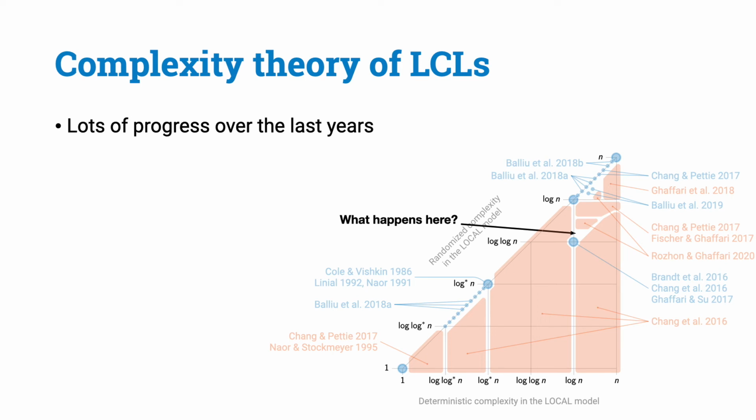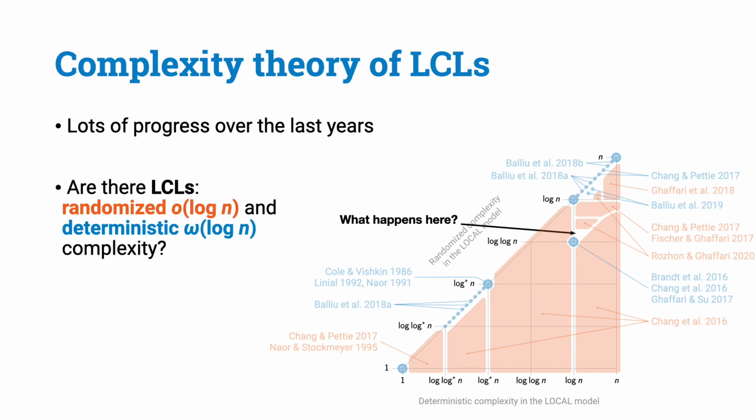But there are still some open questions, and for example, there is a very specific region where we don't know exactly what happens. In particular, we don't know if there are problems that have randomized complexity strictly below log n, and at the same time deterministic complexity strictly above log n. And delta coloring is a problem that is a candidate to be in this region.